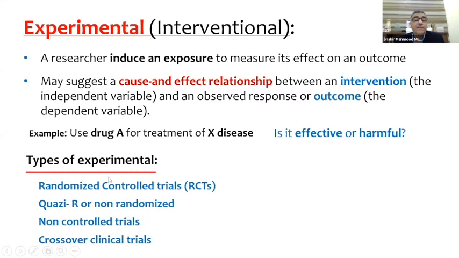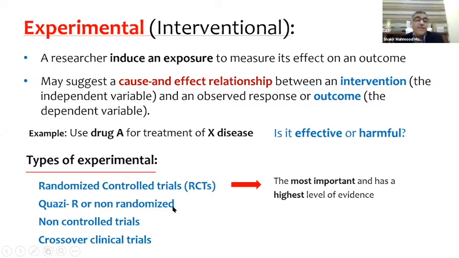Types of experimental studies, as you see in front of you: randomized controlled trials are the most important and the best, because they are the highest level of evidence. Quasi-randomization or non-randomized is when we do not do randomization, which is going to be seen in the next few slides. Non-controlled does not mean there is no control, but the researcher will compare his result to a historical control that already existed in previous studies.